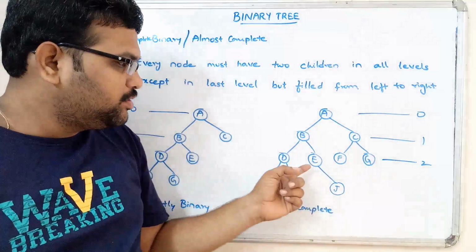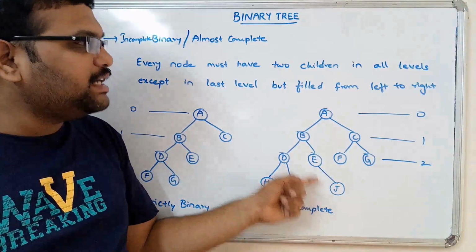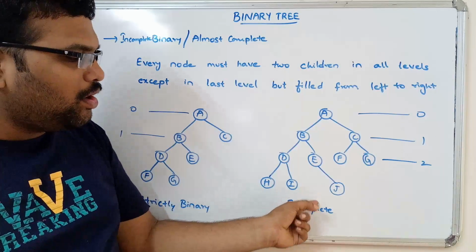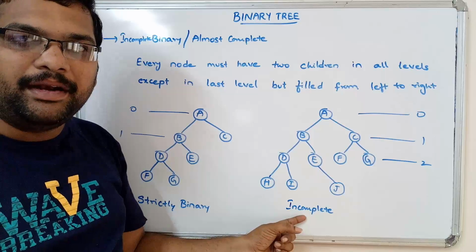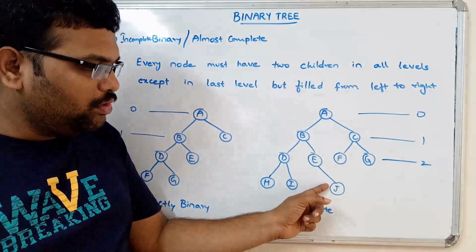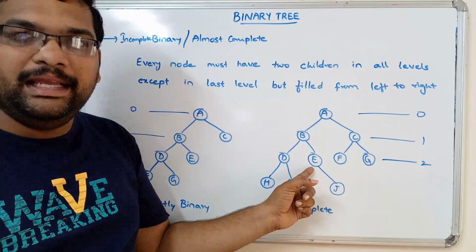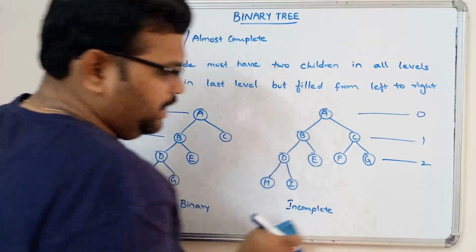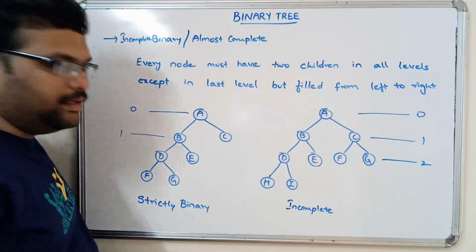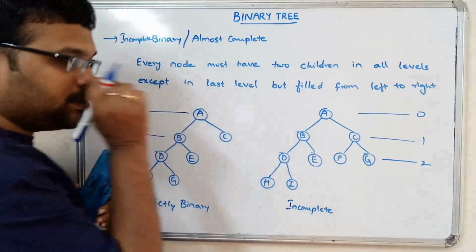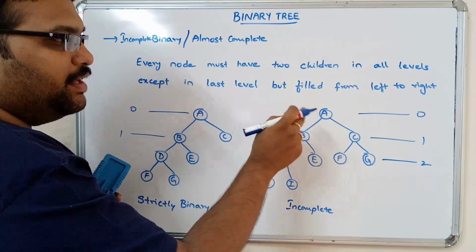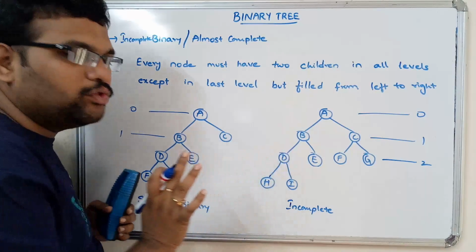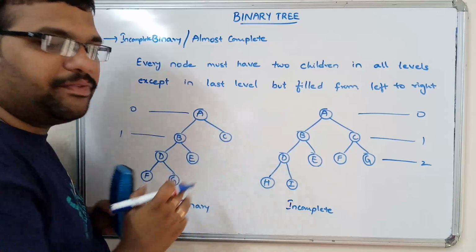So it doesn't satisfy the condition of an almost complete tree. This is not an incomplete binary tree if there is a node J for E. In the absence of this one, this is an incomplete binary tree. So hope you understood. In all the levels, every node should have two children, except a possibility for the last level.